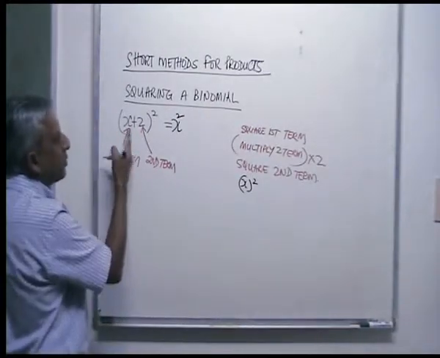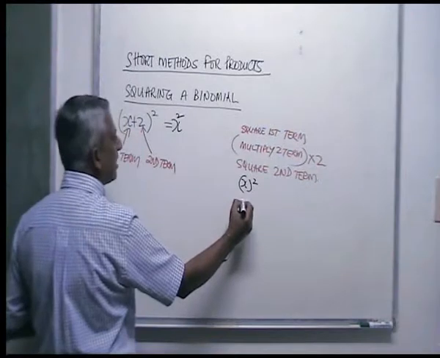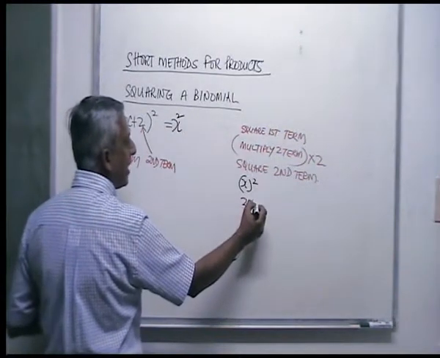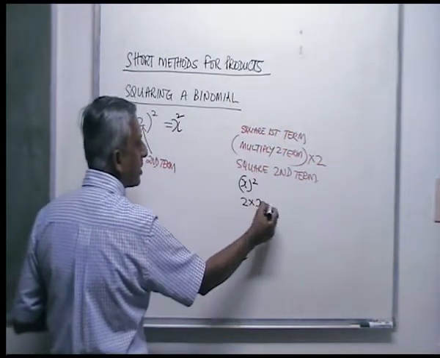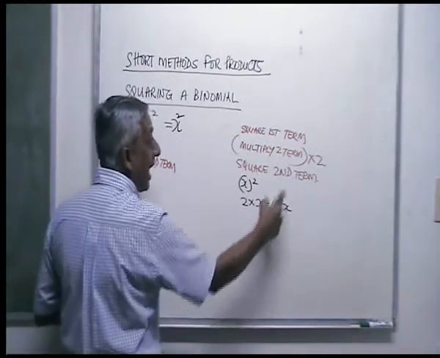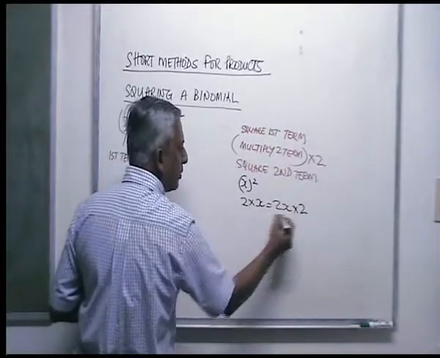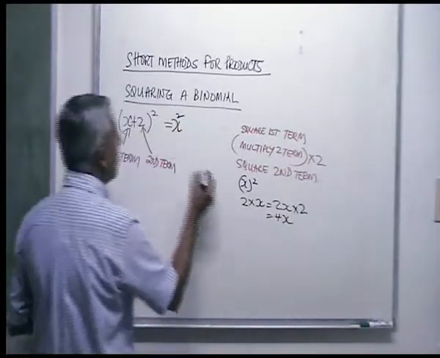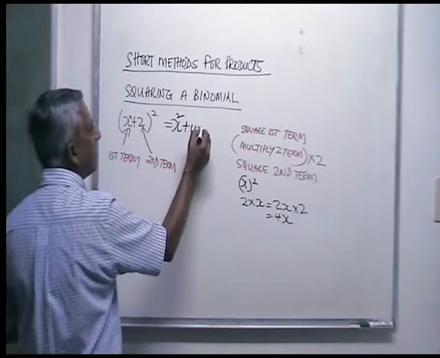Then you've got to multiply the 2 terms. So if you multiply the 2 terms, it will be 2 times x, and 2 times x is 2x. So multiply the 2 terms and then multiply it by 2, so it's finally 4x. So it's plus 4x.